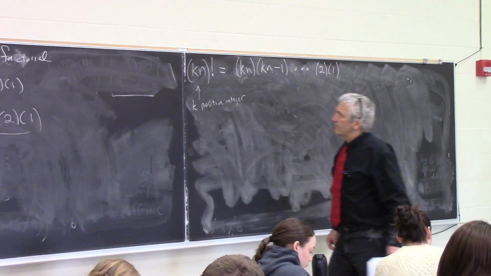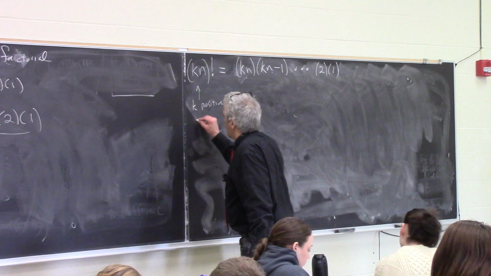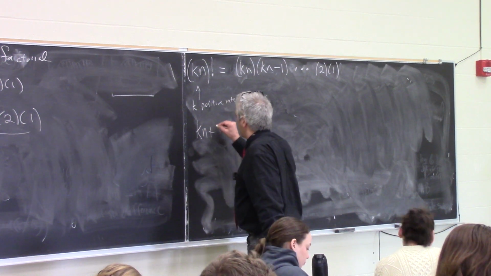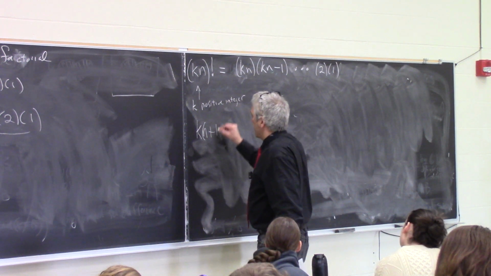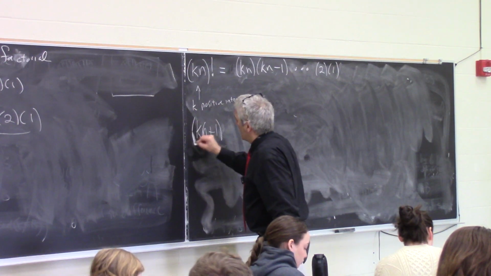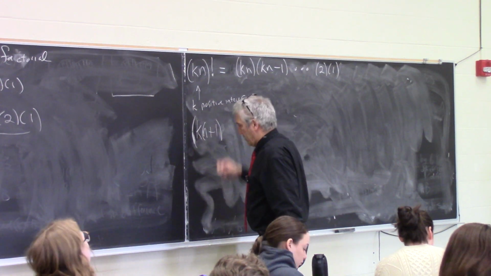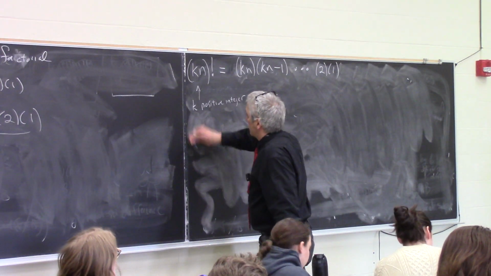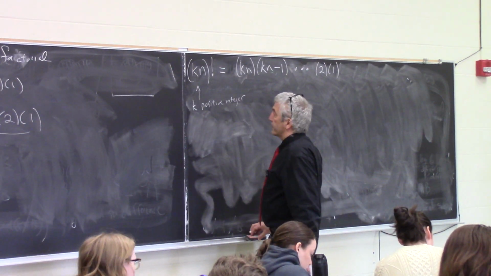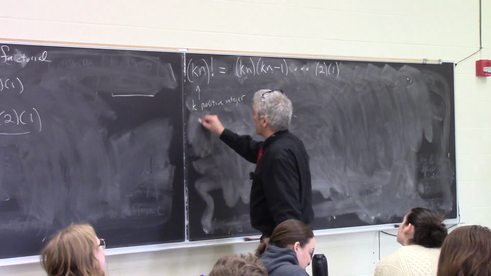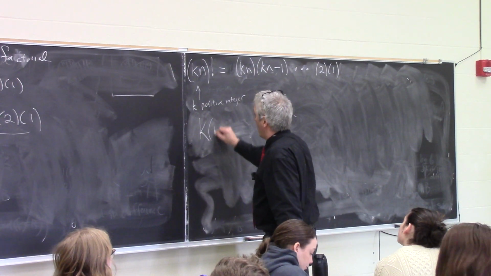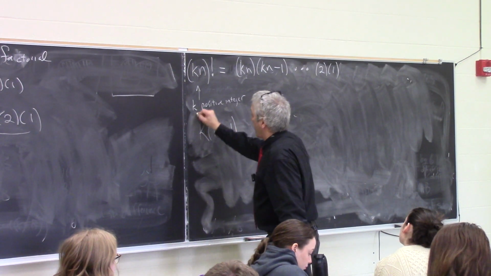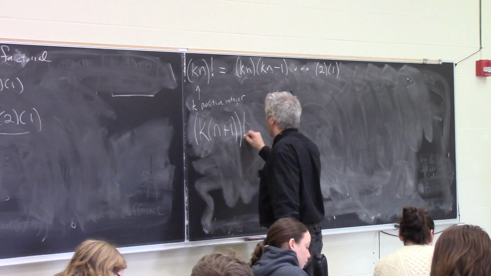Now, let's look at this. k times the quantity n plus 1, and then that thing factorial. Let me make this bigger for the studio audience. No, for the Academy Awards. It's got to be big.